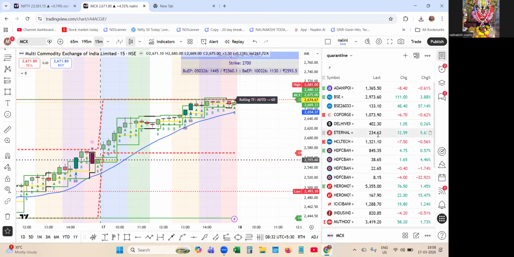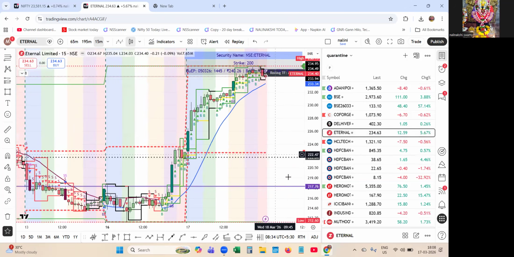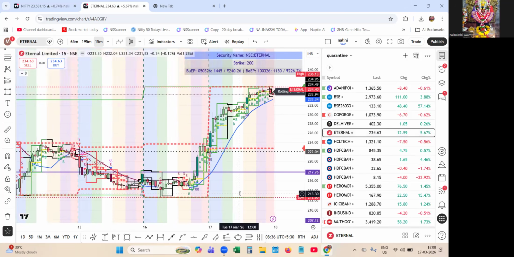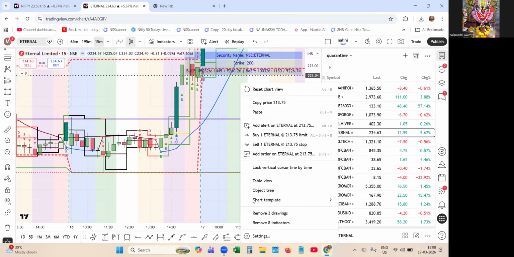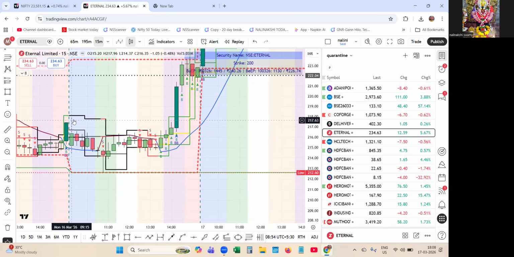Same thing. Everybody was bearish on the Eternal. Eternal was a buy signal yesterday. Yesterday, the reason for that, you can see for yourself. I am on the 15-minute chart. First step, let us mark the high and low of the first hour.